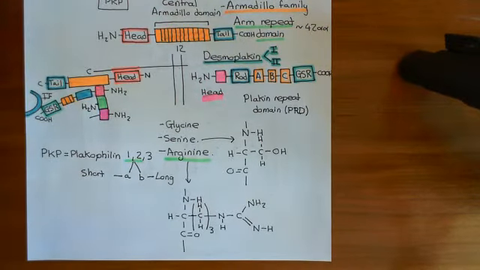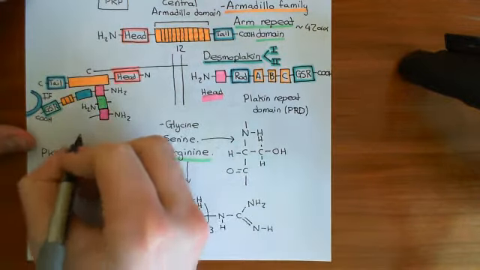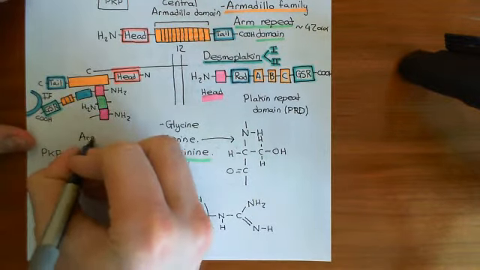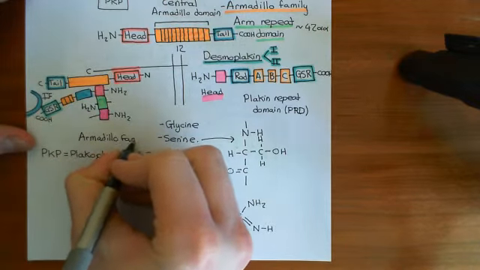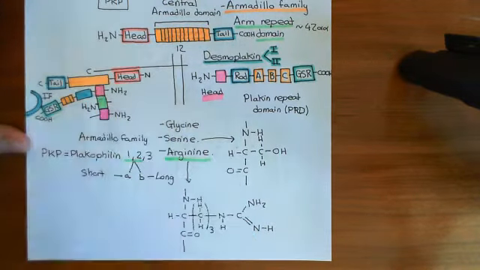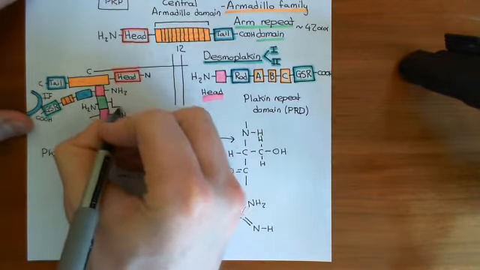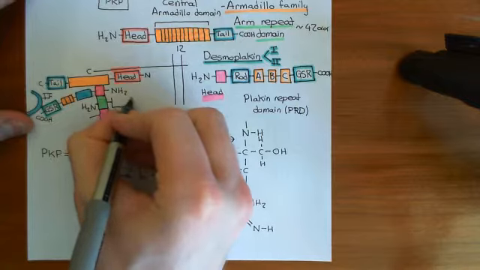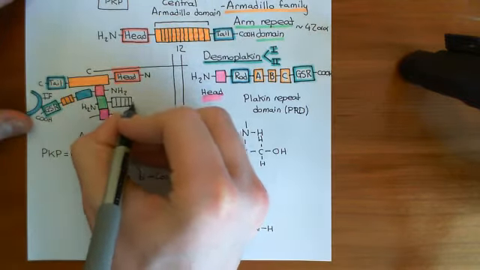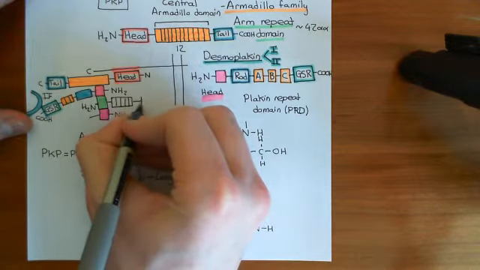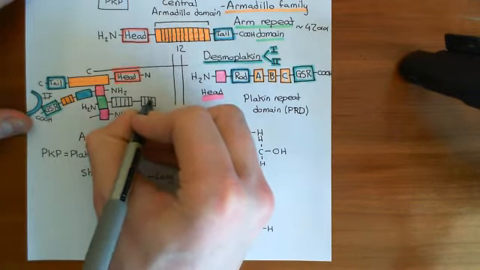Okay, right. Then, plakophilin is also an armadillo family protein, so it's going to contain armadillo repeat domains. It doesn't quite have as many as plakoglobin, it only has 9 of them. Firstly, it's going to have 5 of them, all in tandem. Then it will have a little spacer, and then 4 more of these armadillo repeat domains.